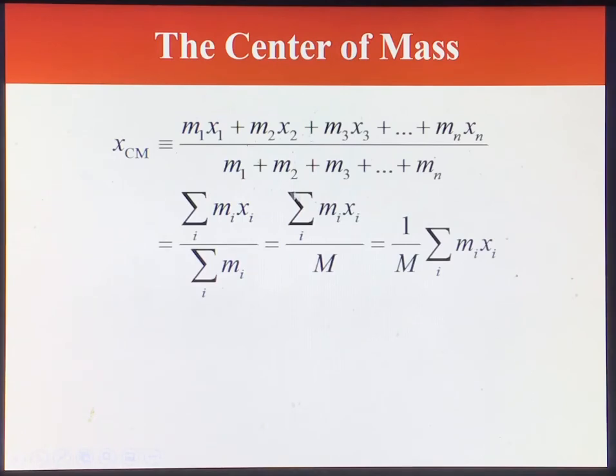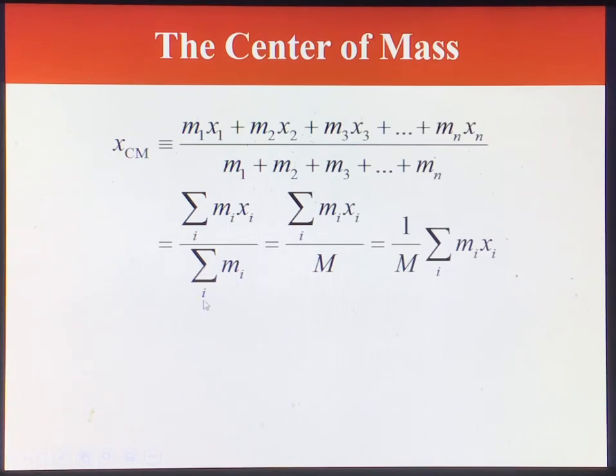All right. So generally, if you have not just two masses, but more than two masses, so if you have n different masses together, then the center of mass of the system can be written by this equation right here. So in mathematics, we can rewrite this equation as the sum over i of m_i x_i divided by the sum over i of m_i.